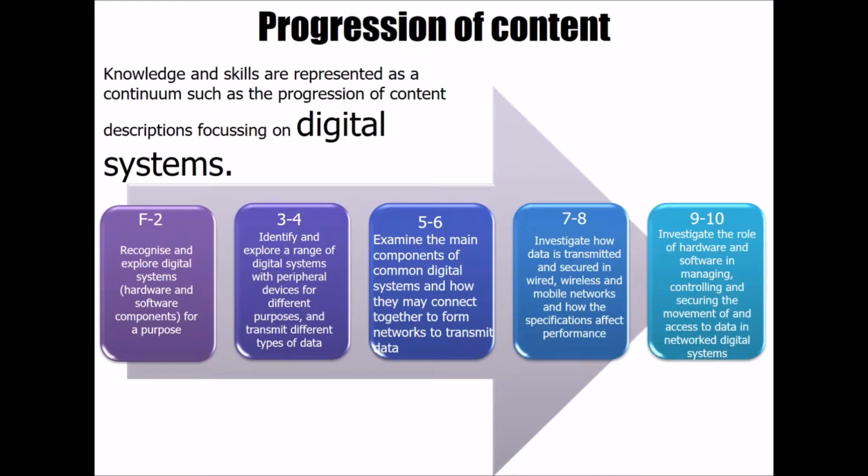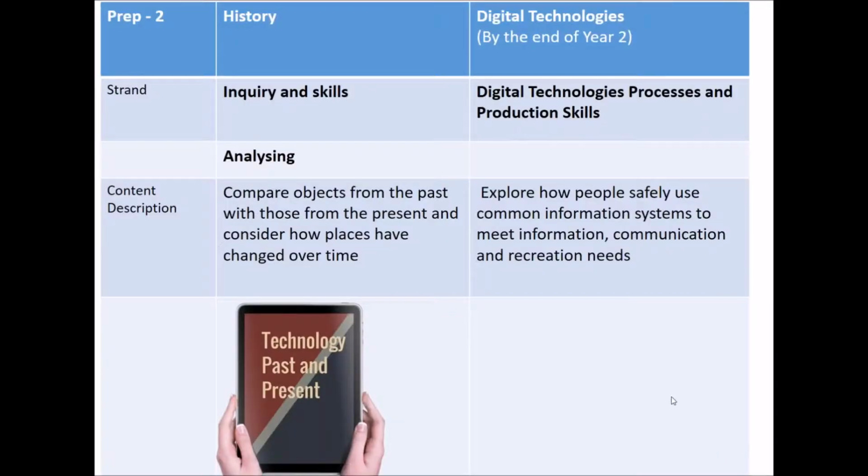But this is a good example of how I'm trying to show you the progression of this particular concept. So on the next slide, we've got an example of, I think it's a history unit, where students are in history, and this is a prep to 2, but this could be any year level. In this case they're looking at comparing objects from the past with those of the present and how they've changed over time.